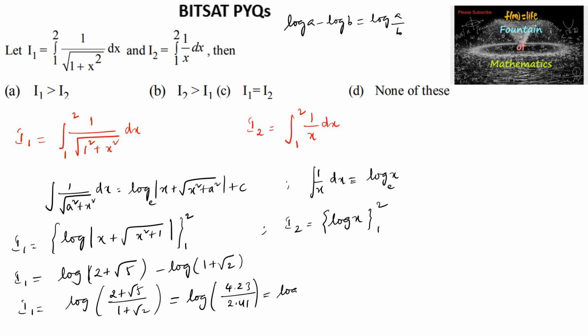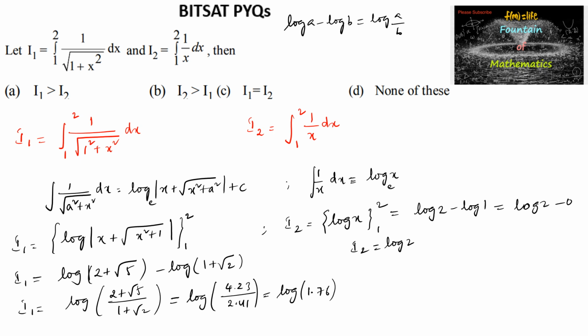If you do the division you will get 1.76. And for I2, log 2 minus log 1, where log 1 value is 0. So I2 value is log 2 and I1 value is log 1.76.